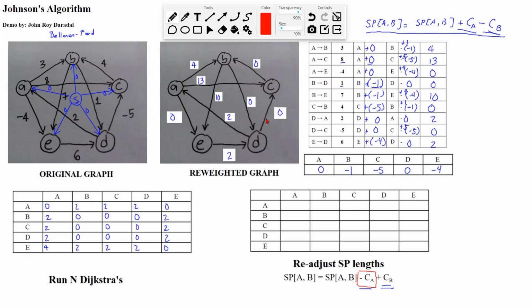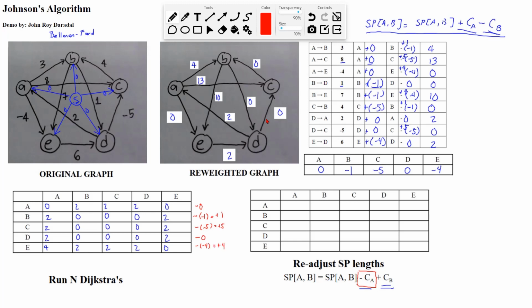We'll write the negative score in this one. So this is minus 0, minus negative 1, so this is actually plus 1, minus negative 5, so this is actually plus 5, and then minus 0, and then minus negative 4, so this is actually plus 4.